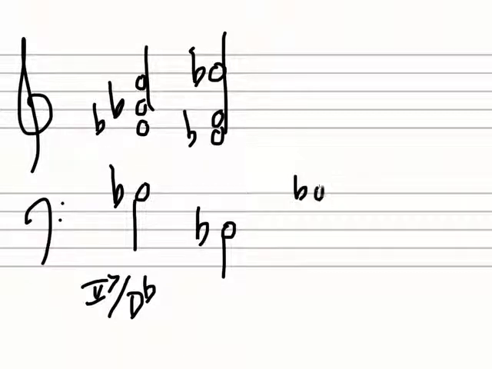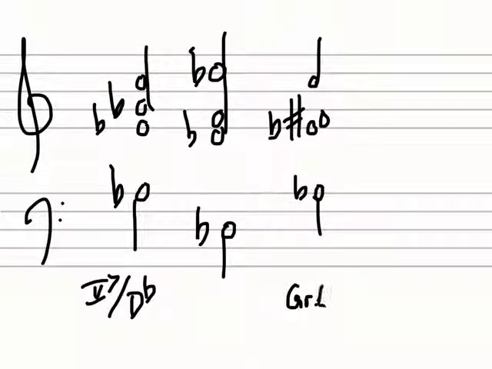But now, if we respell this with an F sharp instead of a G flat, then it's a German sixth. Remember the German sixth, where the augmented sixth goes outward to 5 in our key?